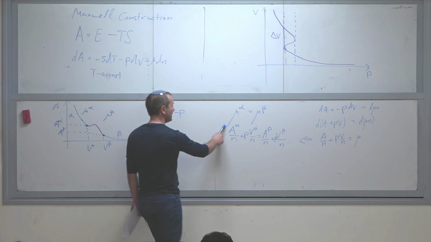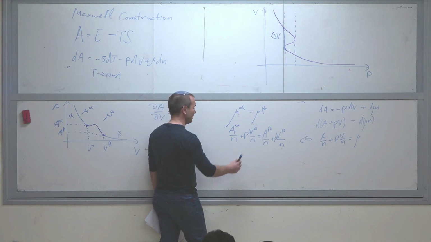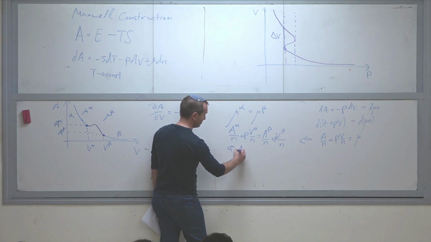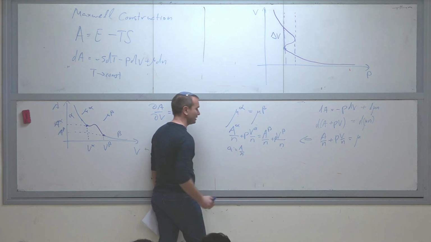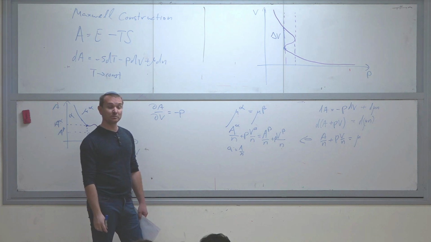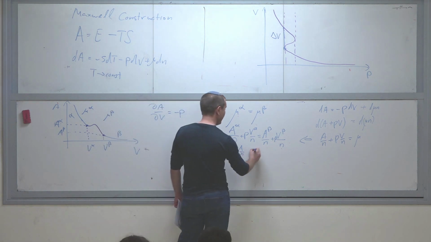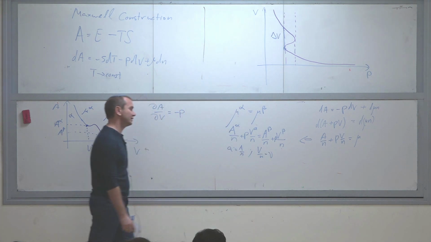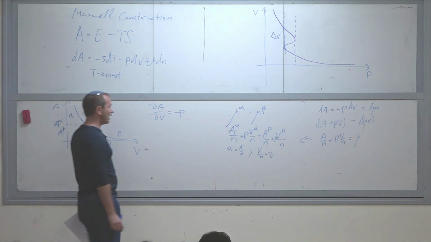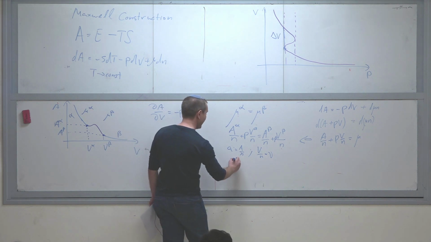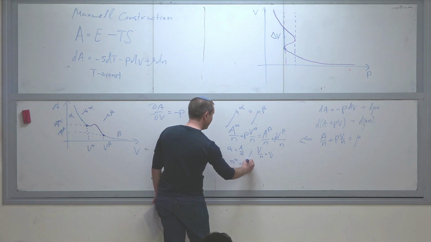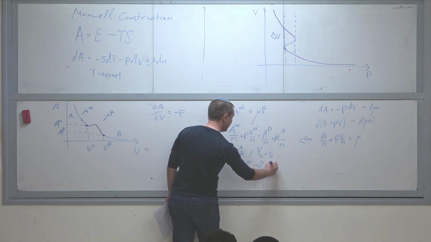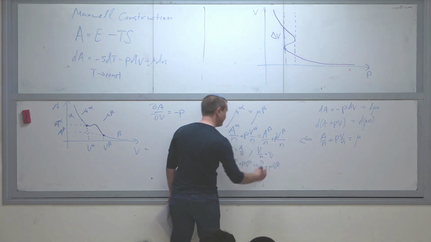Instead of saying A divided by n and V divided by n, we will write A alpha for the free energy per mole of molecules, and for V divided by n we'll use something like v over here. So our equation is A alpha plus P v alpha equals A beta plus P v beta.